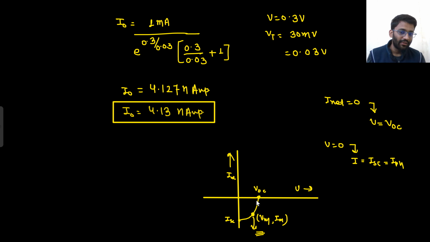They are not talking about these points. At this point our power is maximum. If you multiply VOC and the current here, VOC into 0 current, the power is 0 here. Here also the power is 0. They are talking about the maximum power. The power maximum is here. So because of that, the answer should be 4.13 nanoampere, and I am pretty sure they are not going to do this. Okay, thank you.